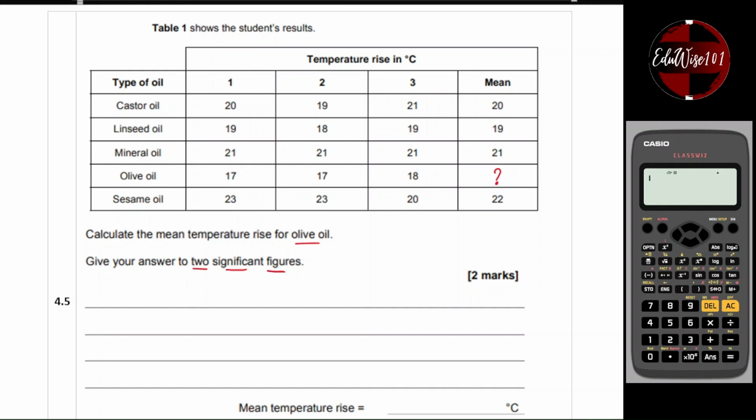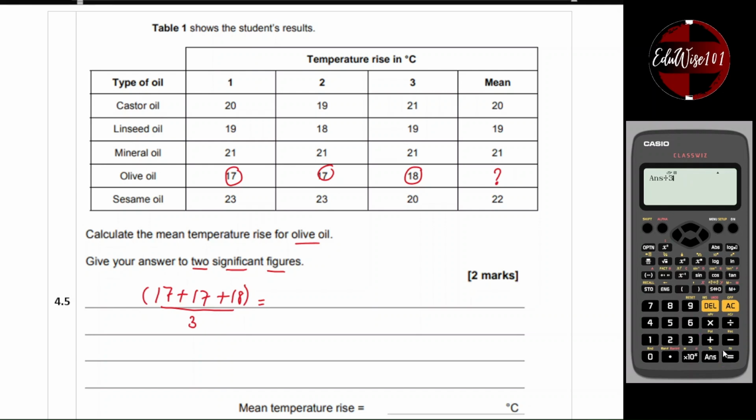Some of you didn't read that sentence properly, so you add all these 3 values up: 17, 17 and 18. So 17 plus 17 plus 18, divide that by 3. 17 plus 17 plus 18 gives you 52.